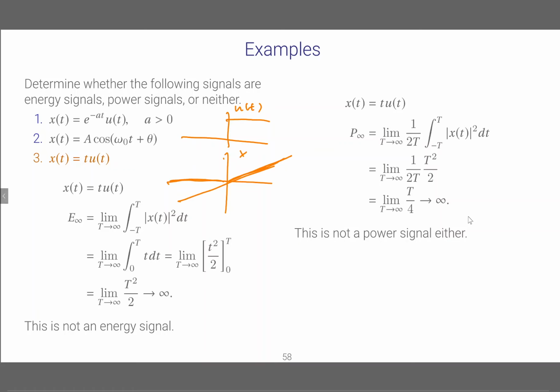When we consider E infinity, you get the integral of t squared dt from 0 to T because of the action of u(t), which gives T cubed divided by 3, and we have infinity. This is not an energy signal. To get the power, we divide that quantity by 2T, and still it tends to infinity. So this is not a power signal either.